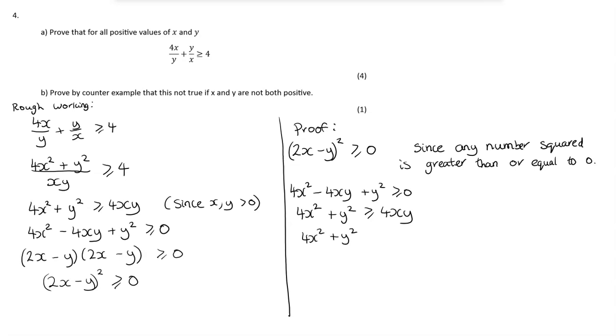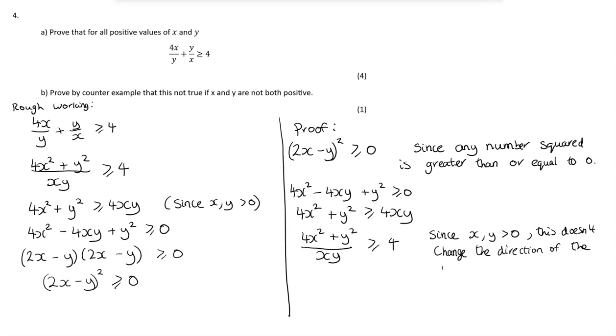One key thing to mention is that at this point I'm going to divide both sides by xy, and it's really key that we mention the fact that x and y are positive. So we'll put here again, since x and y are positive, this doesn't change the direction of the inequality sign. It's just really important that we mention that.